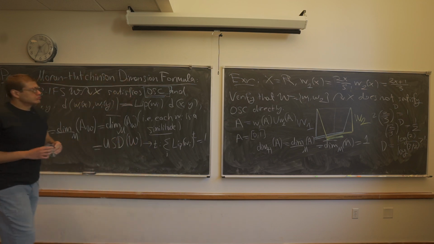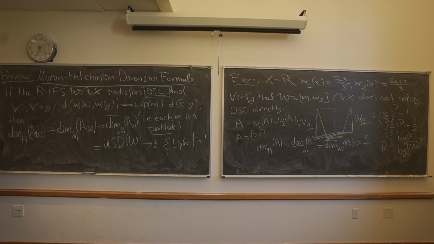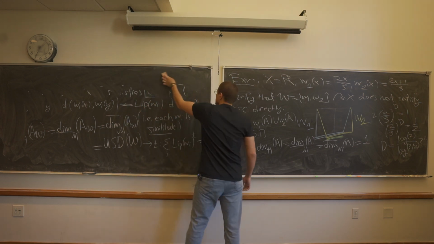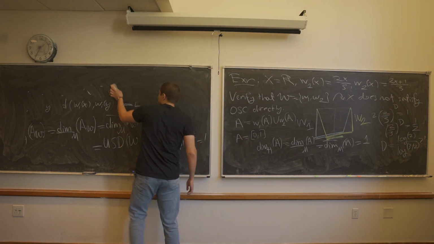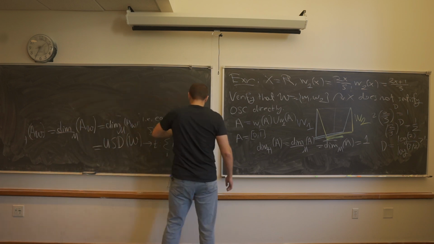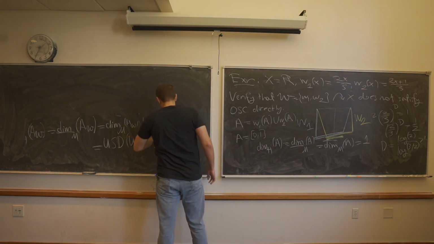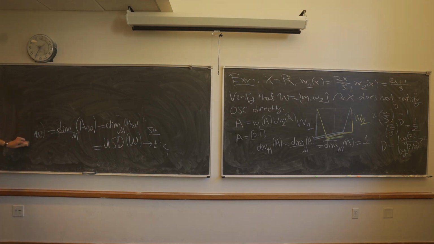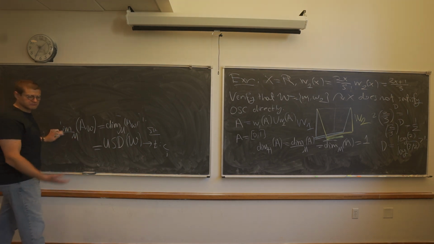Okay, so now what we're trying to do is to build this phi function. This phi function is often called the coding, because you have, on the one hand, a set that you don't know much about.